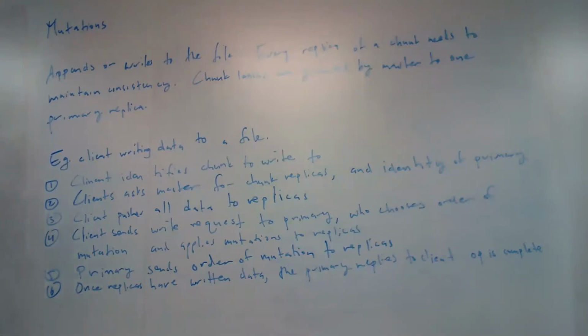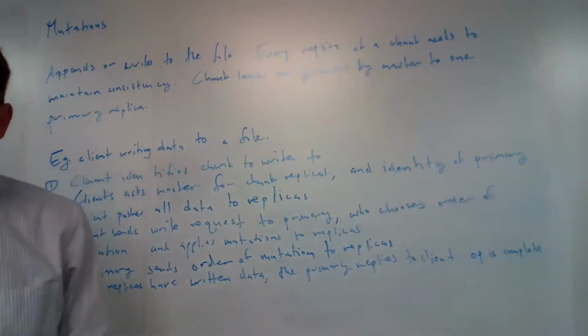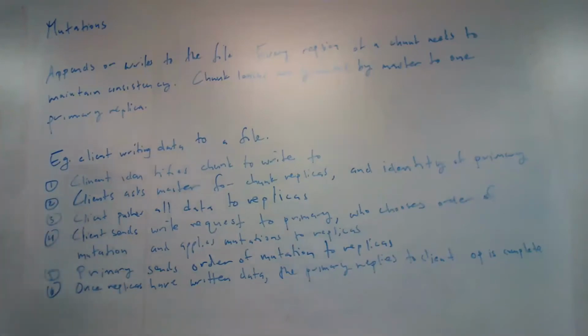And then the primary will, at that point, signal back to the client to say, all right, we're done. Everybody wrote the data in the same order, and so everything is consistent, so you can now assume that the operation completed successfully and proceed. Okay? So any questions about this before I talk about, well, what happens if errors crop up? Which they will.